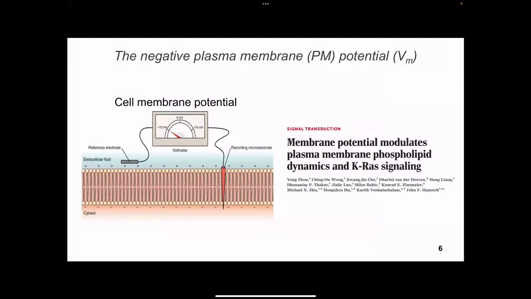Interestingly, membrane potential has also recently been linked to cell survival and proliferation triggered by mitogenic signaling in cancer cells and also neurons. So this data suggests that this old electrochemical character has broader functions.